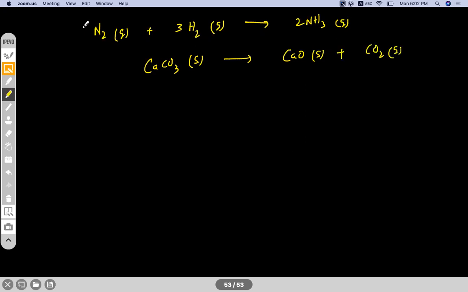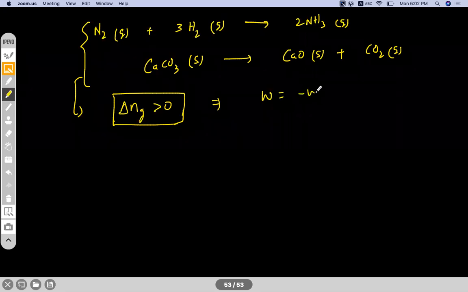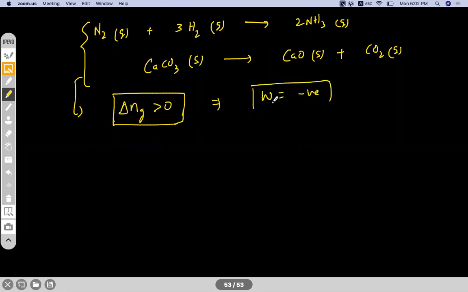For these reactions, you see delta Ng is greater than 0, right? Delta Ng is greater than 0 means work done is negative. Work done is negative means work done by the system.